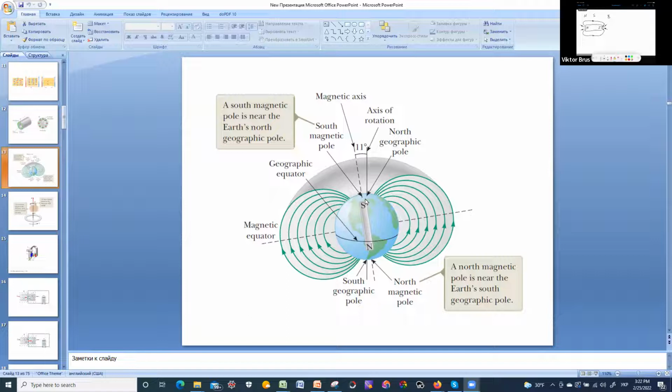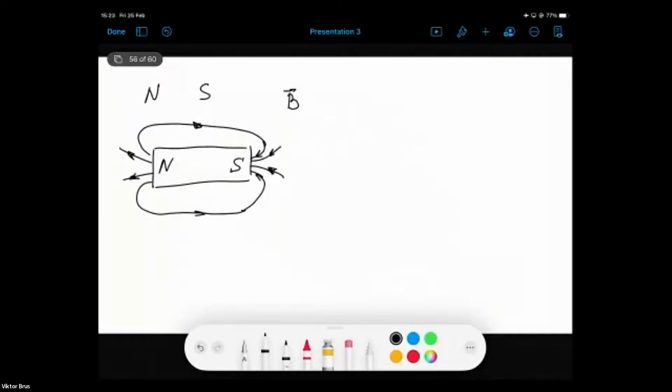So now let us switch back to our slides and talk about magnetic force, which was shown to be exerted on mobile charged particles in a magnetic field.